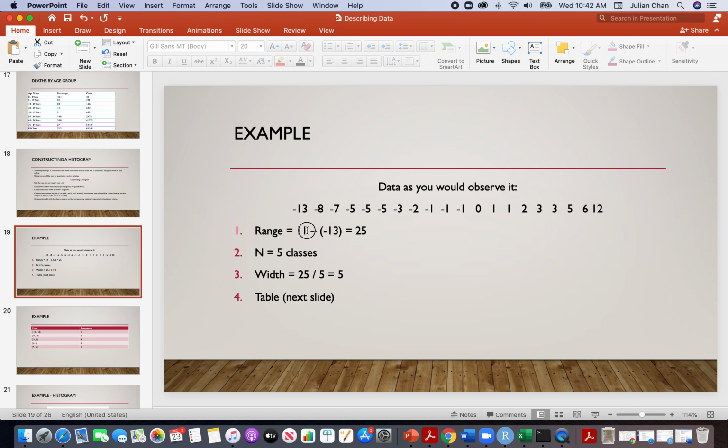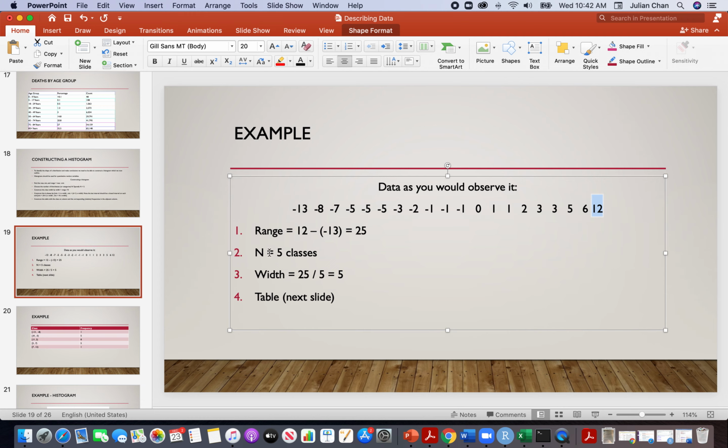It's 12, so I needed to fix that. But here's the data as you would observe it, our largest is 12. It appears right here. And you subtract from it the smallest, which is negative 13. Okay, so you subtract it so it's a double negative. We have a range of 25.